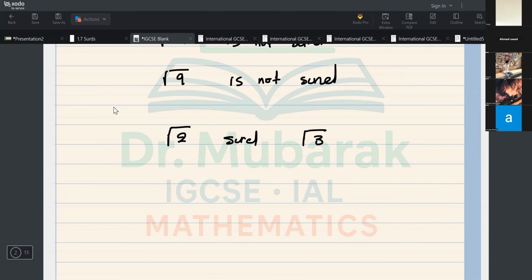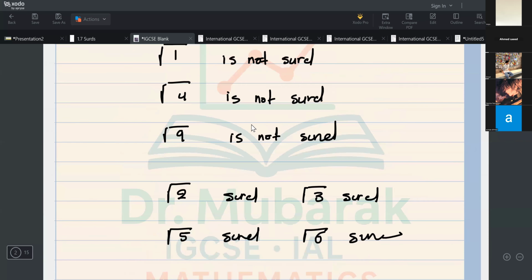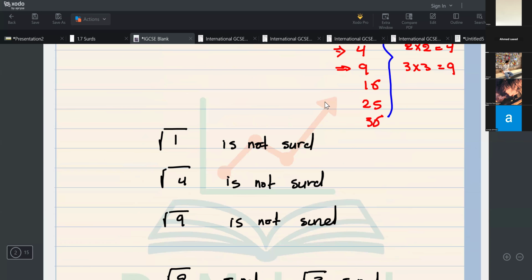Square root 3, square root 5, square root 6, square root 7, square root 8, square root 10 and square root 11 are surds. So the square root of any square number is not a surd; otherwise it is a surd.